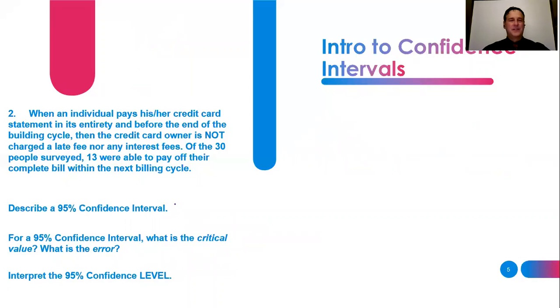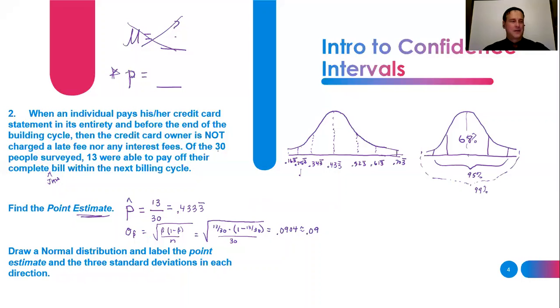If it's like before, we would say, we are 95% confident the interval from, now remember that 95% confidence is 2 standard deviations in each direction. So if I go to the previous slide, and maybe you already wrote this down, 2 standard deviations is to here, 0.253, and the other one is to 0.613. So those are both 95%.